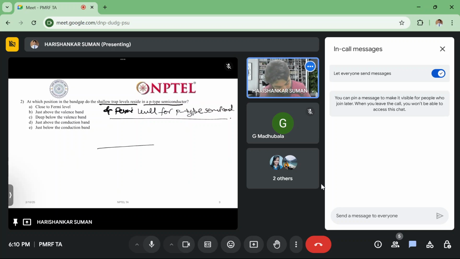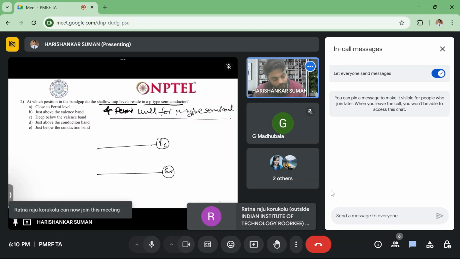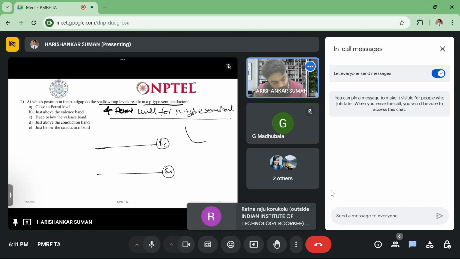Let me discuss this question. If we have a semiconductor material, you know the valence band and conduction band. So this is like that.